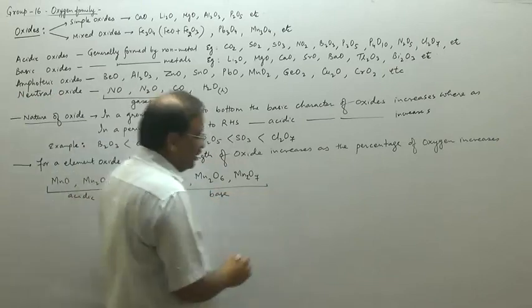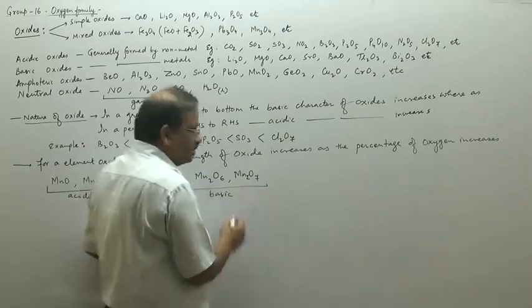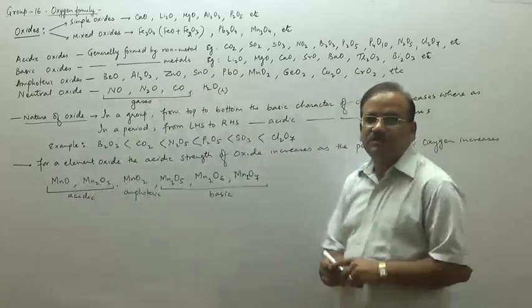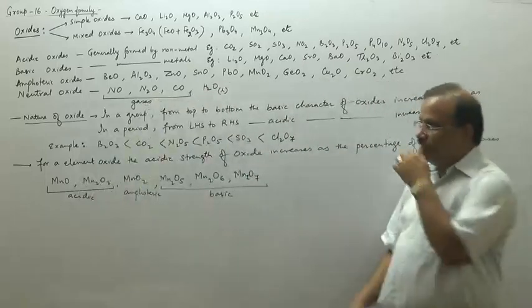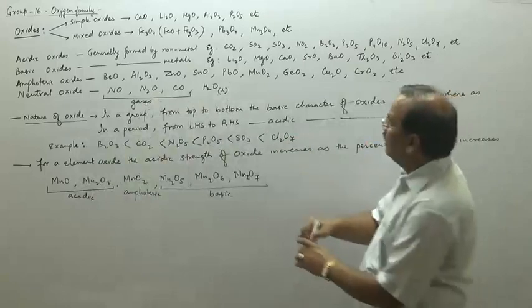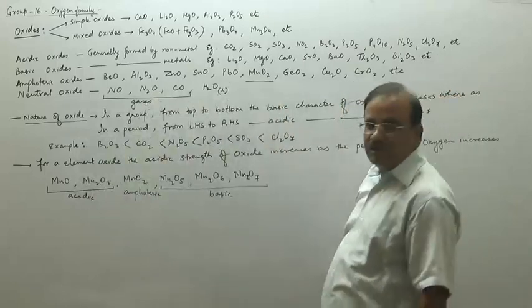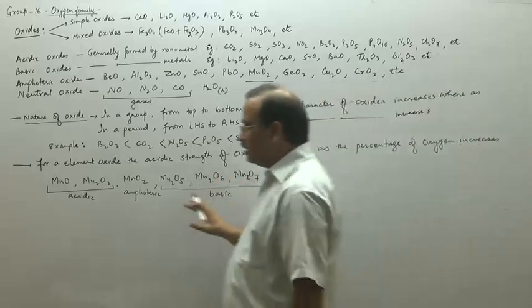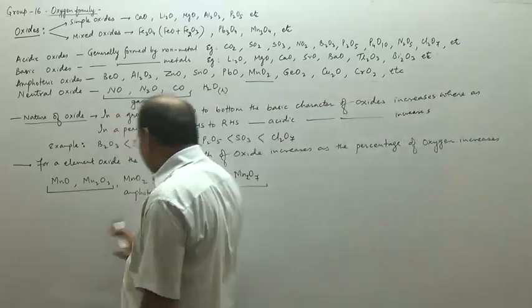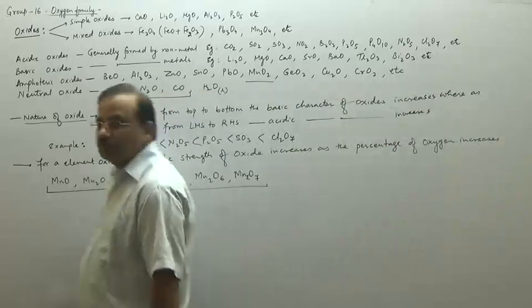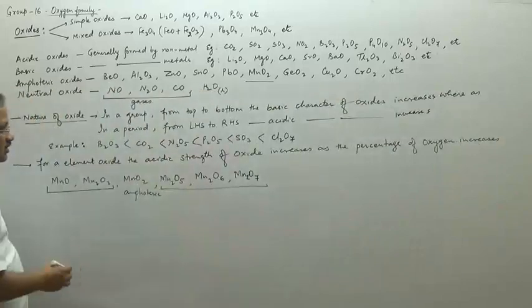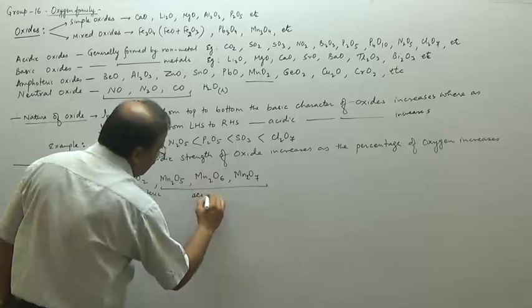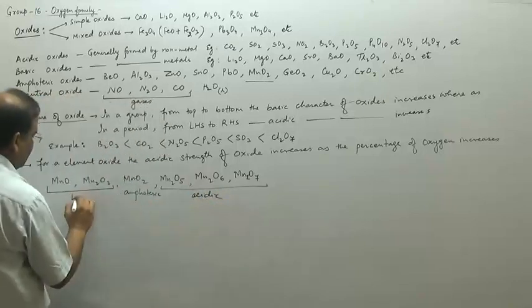So as the percentage of oxygen increases in the oxides, they become acidic, with MnO2 being amphoteric, and then we get the basic nature at the other end.